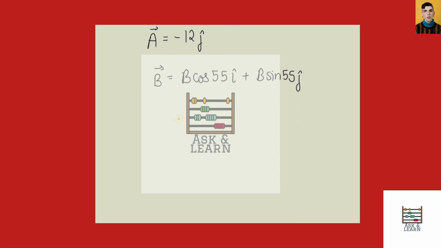Now we plug in the value and find B. B is 15, so this is 15 cos 55 i cap plus 15 sin 55 j cap. So B turns out to be 8.60 i cap plus 12.28 j cap.